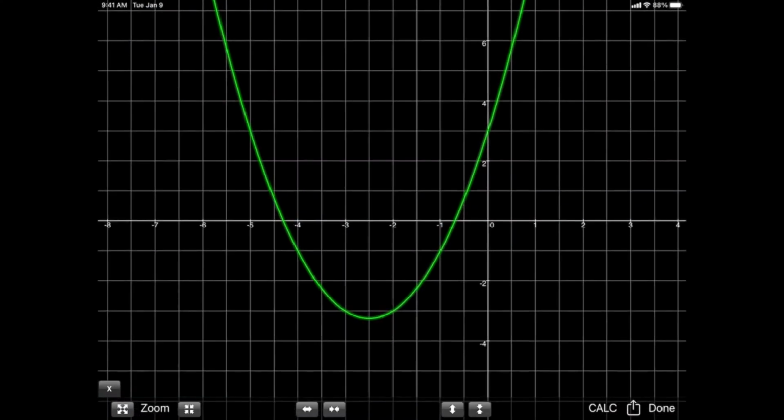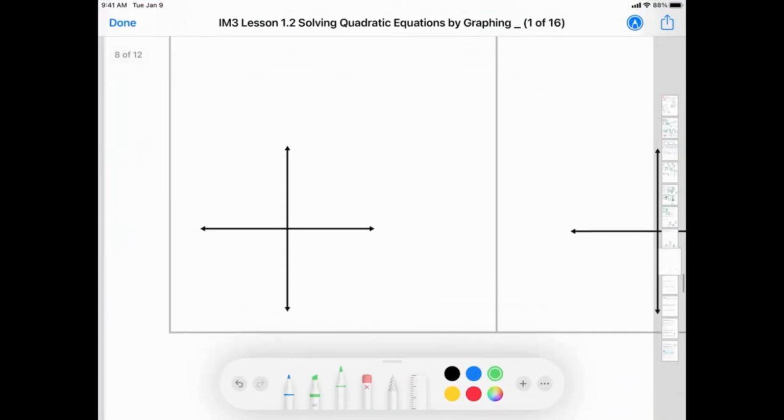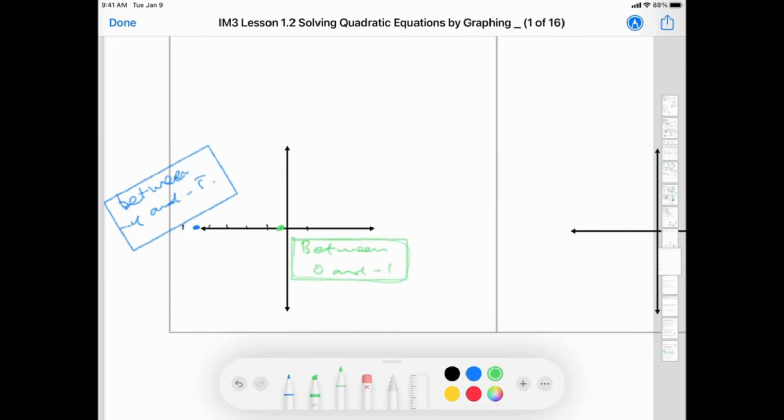Between 0 and -1 and -4 and -5. Between -4 and -5, 0 and -1, and that's seen in a table of values.